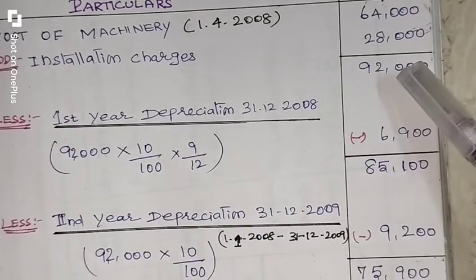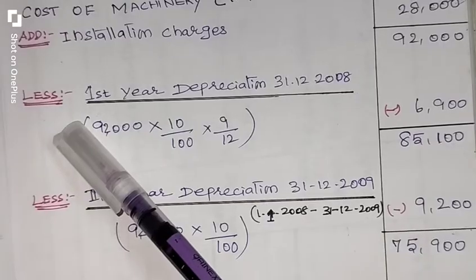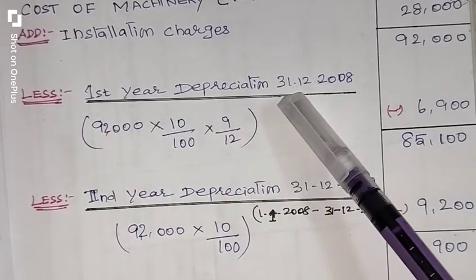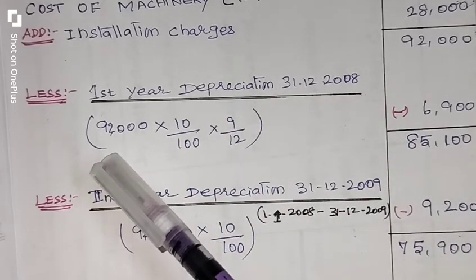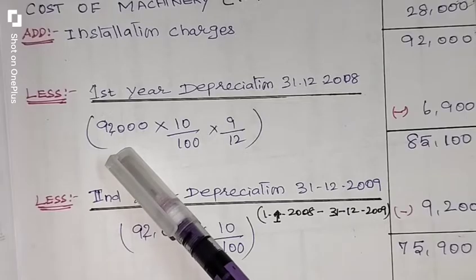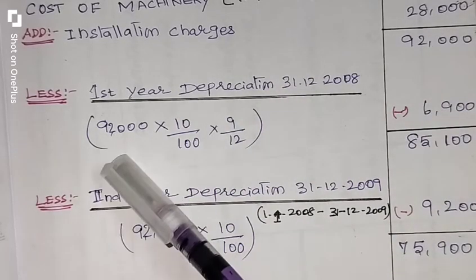Now we are going to find out 3 years' depreciation. First we take the first year depreciation dated 31st/12/2008. We have to find which method we are going to follow. We are going to follow the straight line method. Whenever you use the straight line method, you have to use the original cost of the asset.